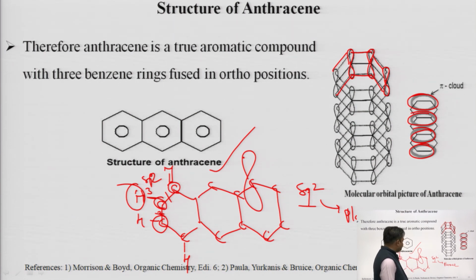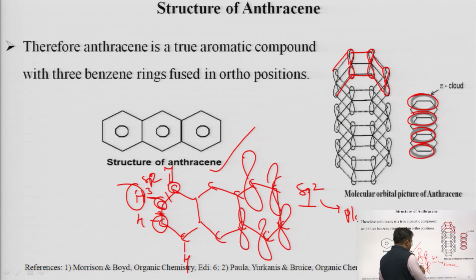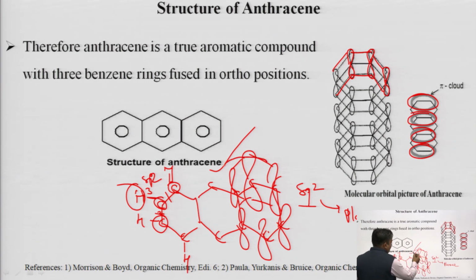All the carbons are having the same. And what's happening after that, these unhybridized p orbitals overlap laterally with each other, and because of that, an electron cloud is formed above and below the plane of the benzene ring.